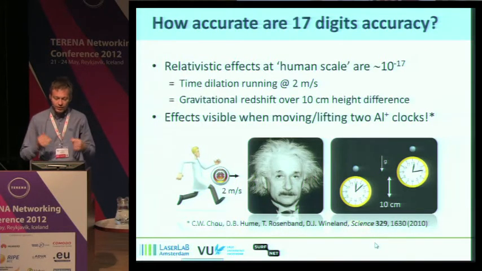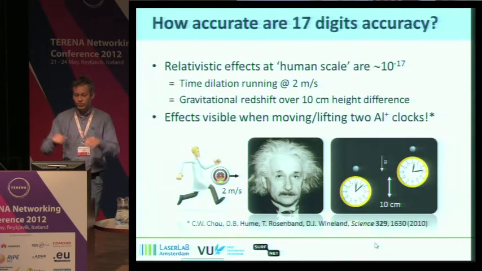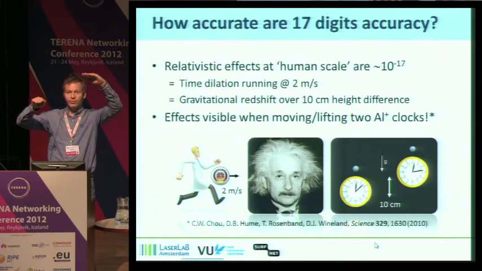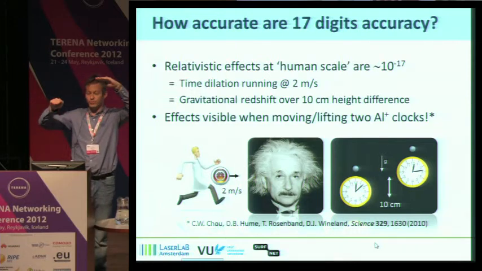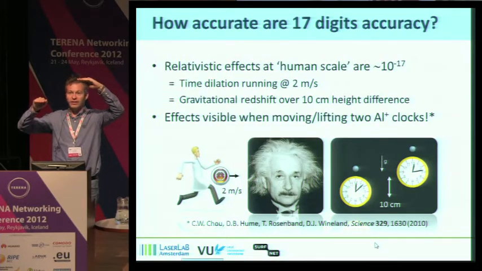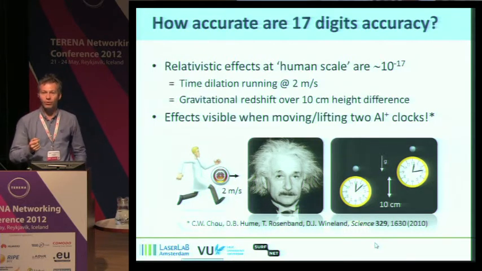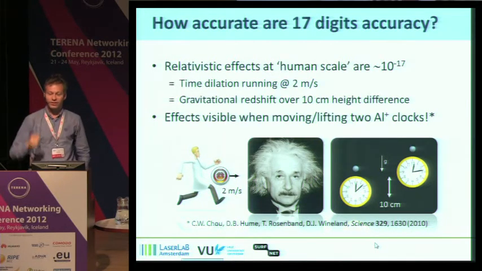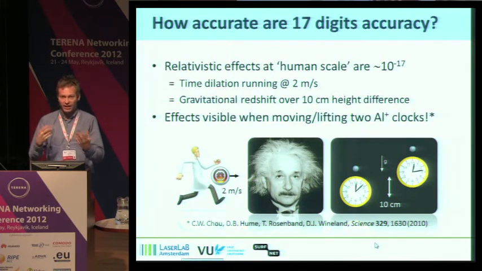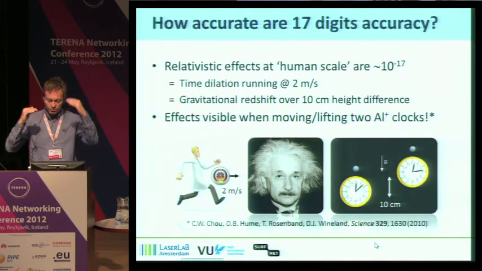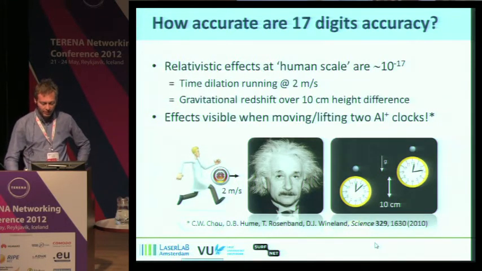Or, in an experiment my colleagues did at NIST, they took 2 of those aluminum clocks and lifted one up by 10 centimeters, and that one started ticking faster, noticeably. It's the same story as the science fiction story where you throw a clock into a black hole in space, and time just stops because of the infinitely high gravitational potential. It's a similar effect that causes these clocks to tick at different speeds when you place them at different heights.